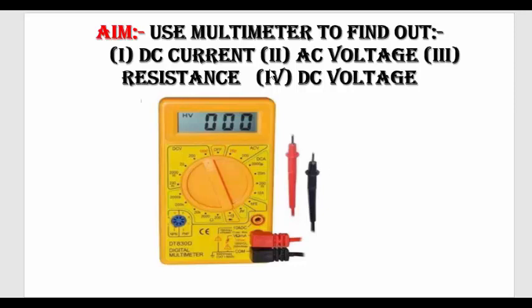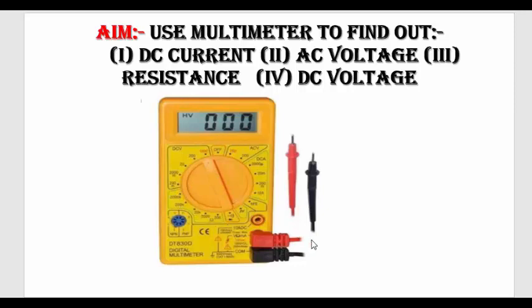Next, we have to find out AC voltage. For the AC voltage, we have to connect our test leads to the AC source and move the knob to this area, AC voltage. After setting this knob in this area, we are able to find out the AC voltage of the source. Similarly, for the resistance, we have to set our knob in this region.